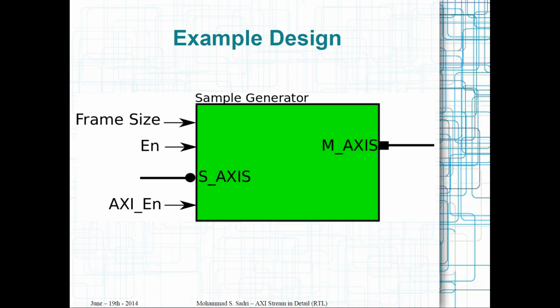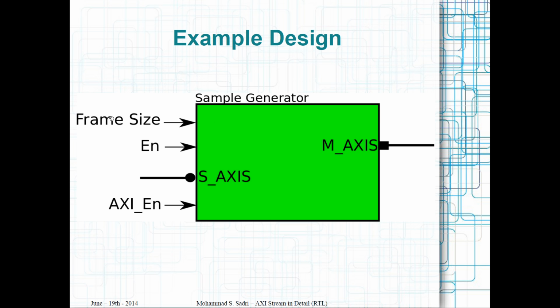For example, if you look at a video frame, it has a start of frame, then each line has an end of line, and finally we have end of frame. If I am transferring a video frame between two AXI stream modules, then we need some additional signals between these modules to indicate the end of line at least and the end of frame. And we are going to talk about this in more detail.